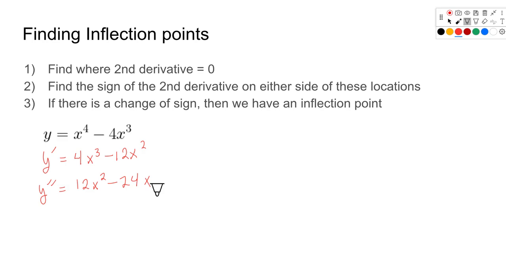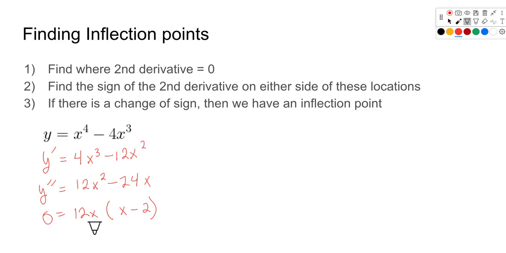Then we want to find where this second derivative is equal to 0, so we set it equal to 0. While we're at it, let's go ahead and factor it, because that's generally the way we do it. I can factor out a 12x, and what's left inside is x minus 2.